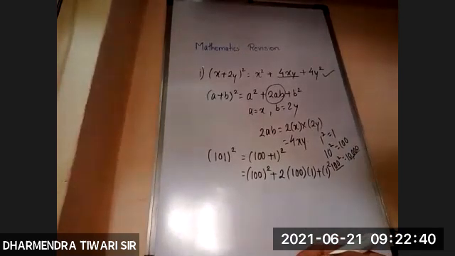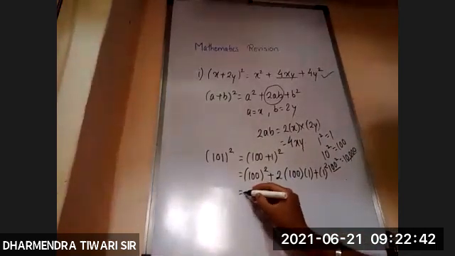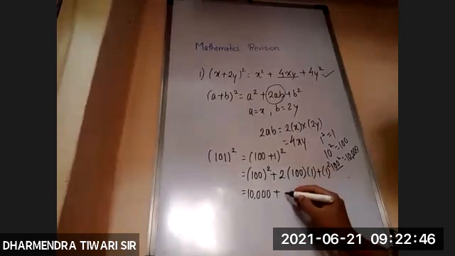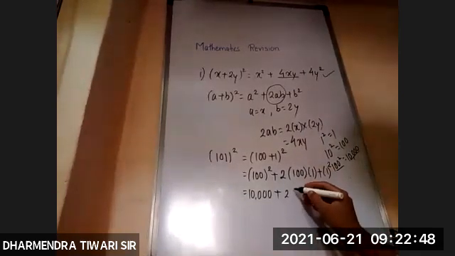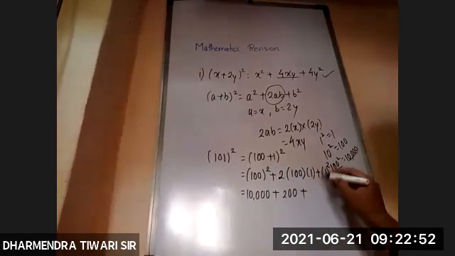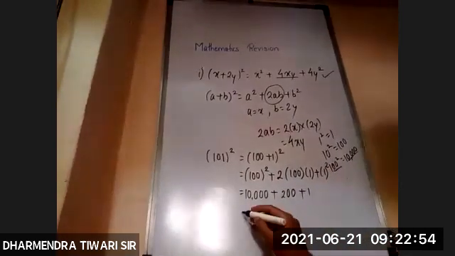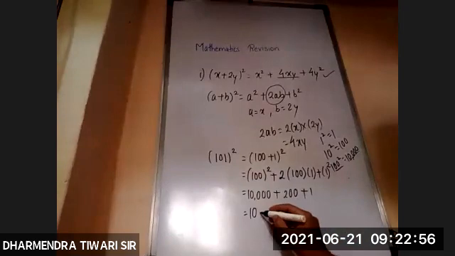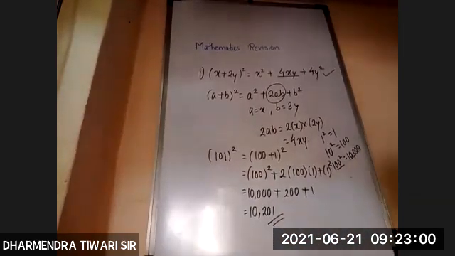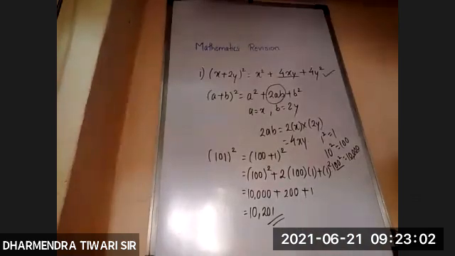So this is clear. 100 square is nothing but 10,000 plus 2 into 100 is 200 plus 1 square is 1. This is 10,201. Done, the answer.